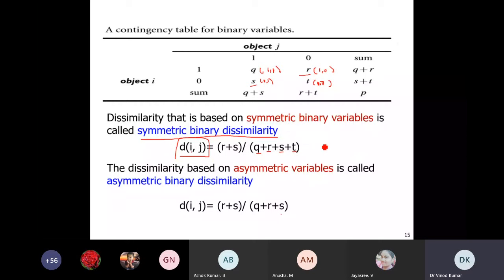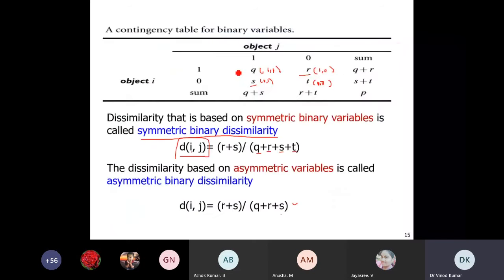So first we discussed interval scaled, then ratio scaled, and after that the binary variables. In binary variables, there are two types, symmetric and asymmetric. Whenever your data set has binary attributes, you need to know whether it is symmetric or asymmetric, and based on that you choose the formula to calculate the dissimilarity.